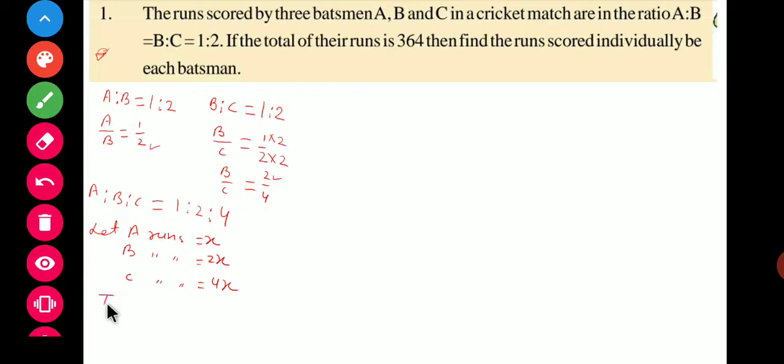The total runs is equal to X plus 2X plus 4X. So it becomes 7X. But in the question it is given that 7X equals 364.